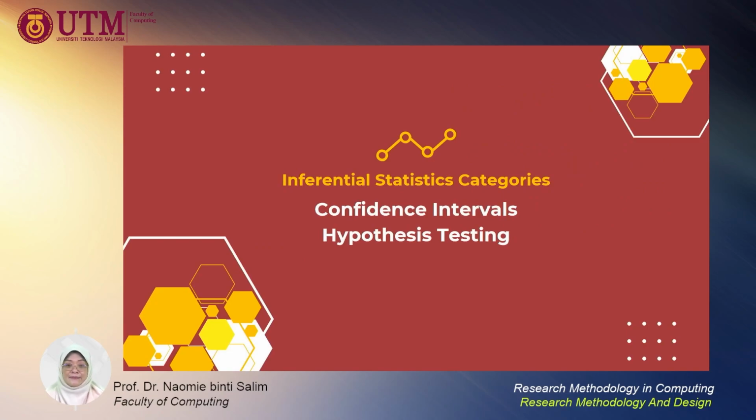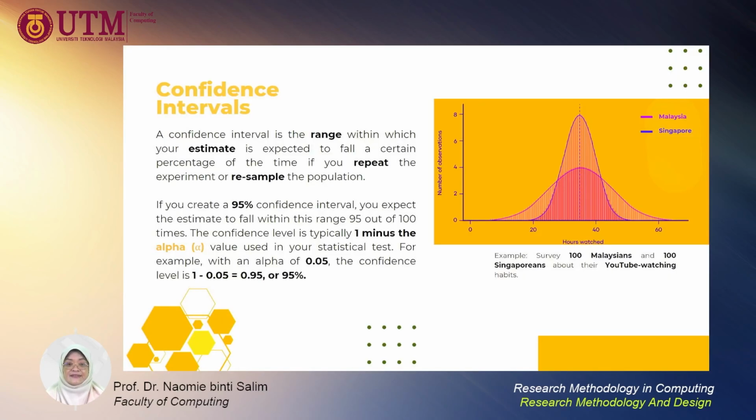So let's talk about confidence interval and hypothesis testing in inferential statistical categories. Confidence interval is the range within which your estimate is expected to fall a certain percentage of the time if you repeat the experiment or resample the population. If you create a 95% confidence interval, you expect the estimate to fall within this range 95 out of 100 times.